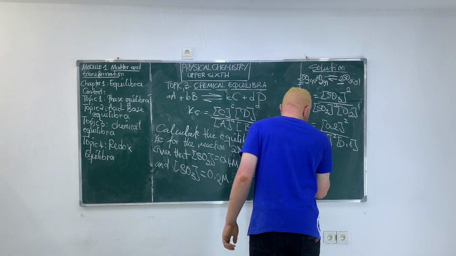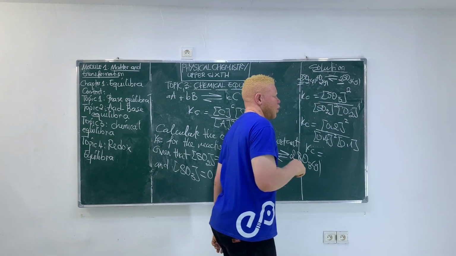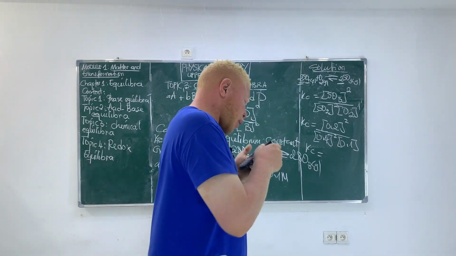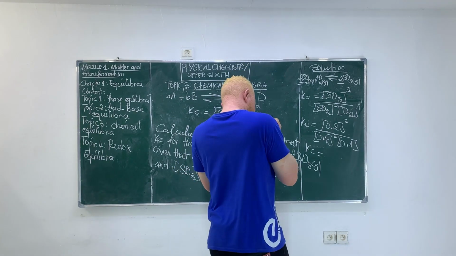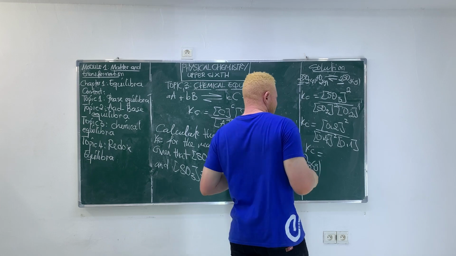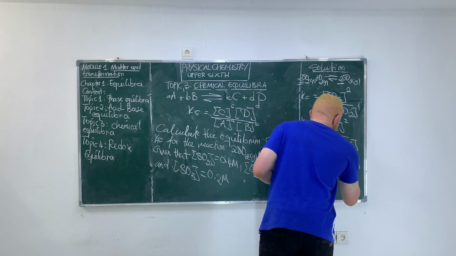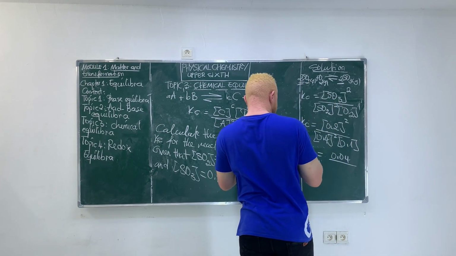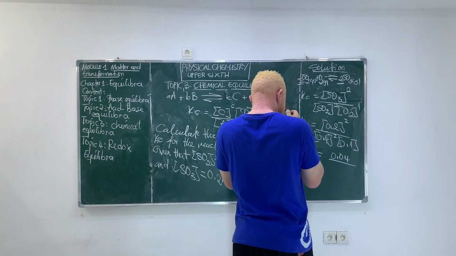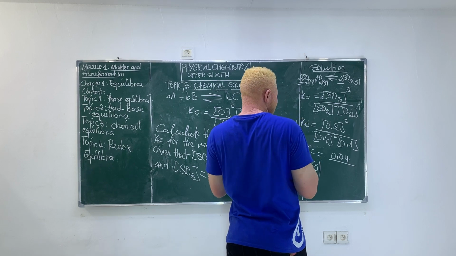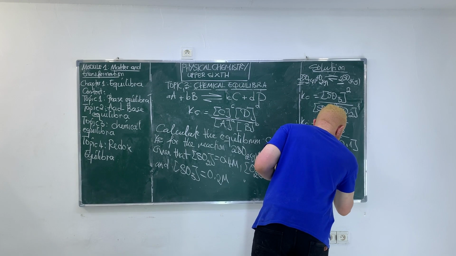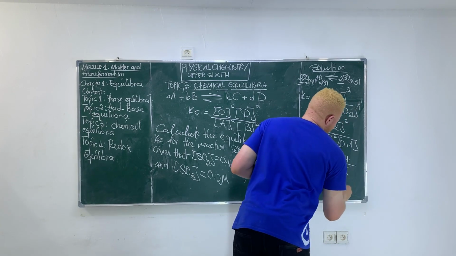So how do we punch this in the calculator? Start by squaring the values first. 0.2 squared is 0.04, divided by 0.4 squared, which is 0.16, times 0.1.